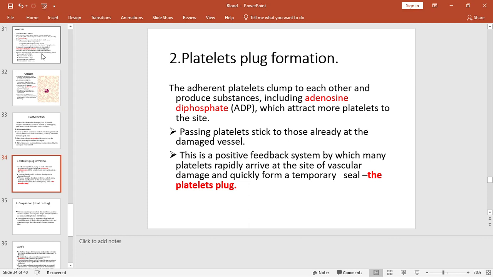So when they bind to the site of the damaged blood vessel, they are going to form what is known as a platelet plug. As you recruit more and more platelets, the platelet plug is going to become big, and the idea is to seal the damaged part of your blood vessel.